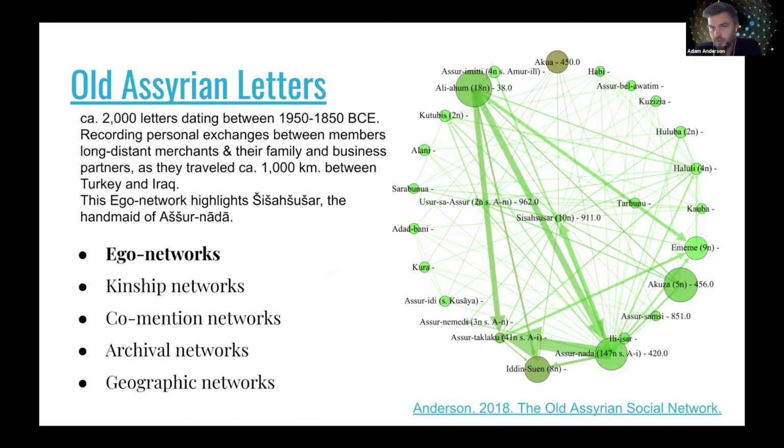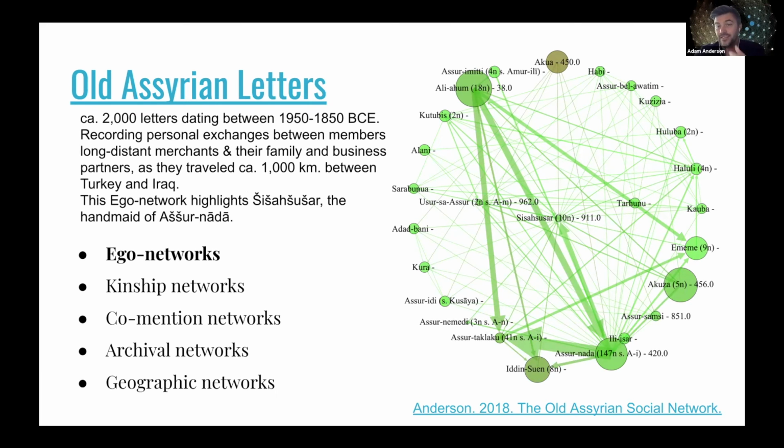focusing on each individual. Now, this one was for me most impressive because we've gone from this huge macro view of every tablet that's ever been written in the Old Assyrian period, down into a single individual.